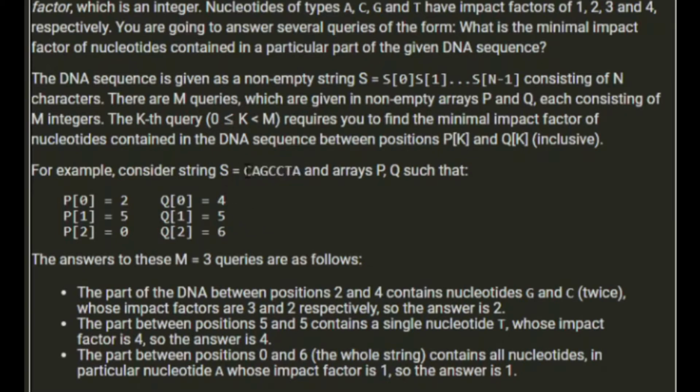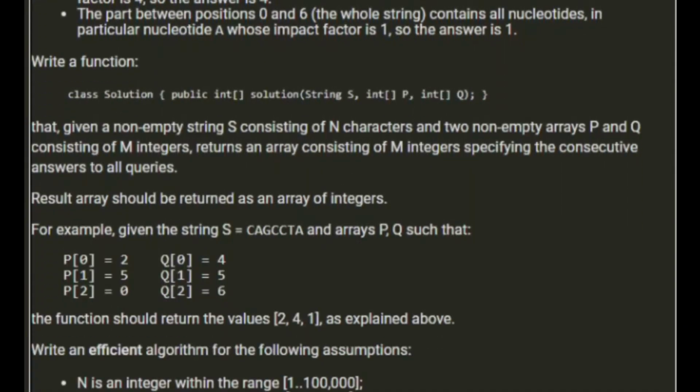Okay, so we're trying to find the minimum out of A, C, G and T, with A being 1, C 2, G 3 and T 4. The minimum nucleotide value in the range of these. Presumably we're going to return an array. Yeah.